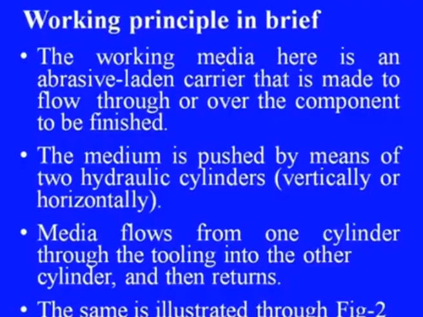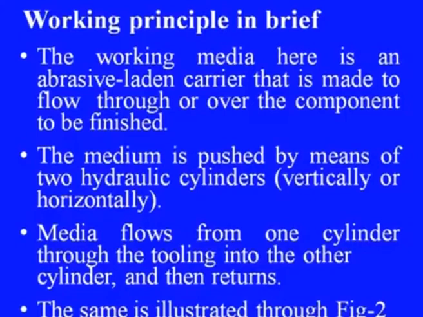The working principle, let us see in brief. The media here is an abrasive laden carrier that is made to flow through or over the component to be finished. The medium is pushed by means of two hydraulic cylinders.